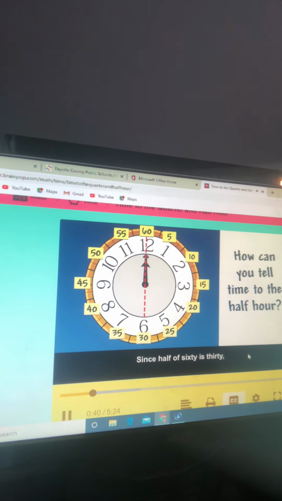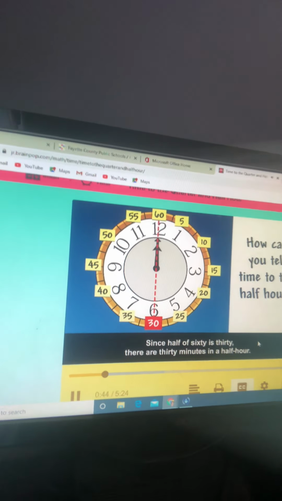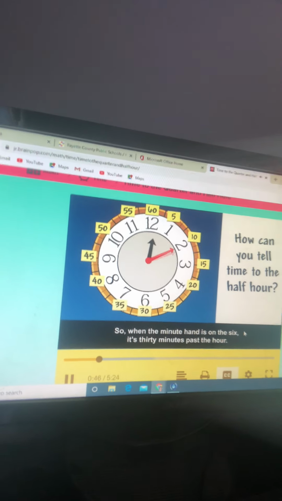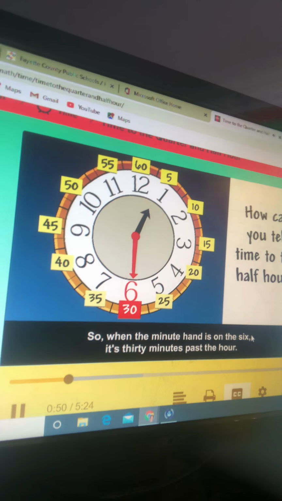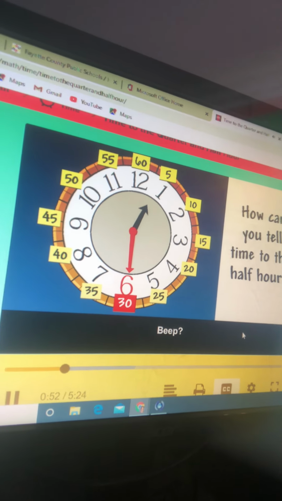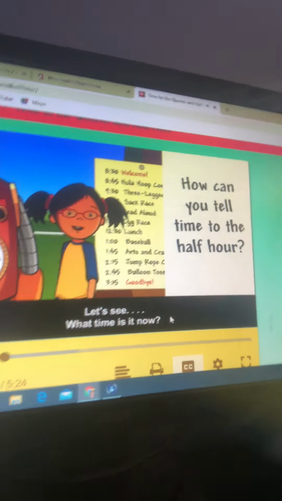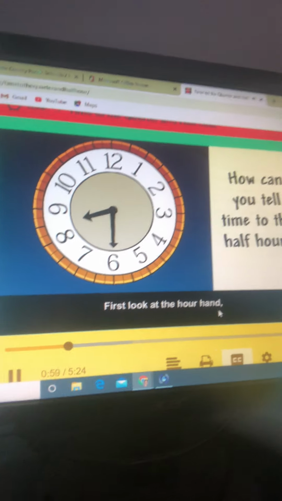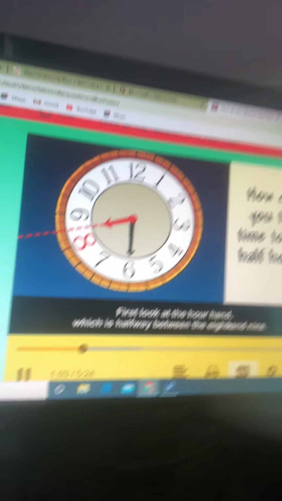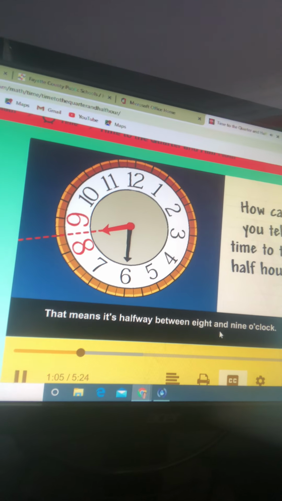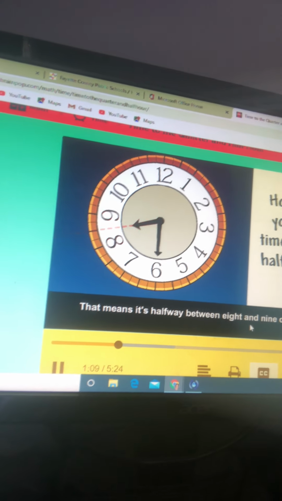Since half of 60 is 30, there are 30 minutes in a half hour. So, when the minute hand is on the 6, it's 30 minutes past the hour. Let's see. What time is it now? First, look at the hour hand, which is halfway between the 8 and 9. That means it's halfway between 8 and 9 o'clock.